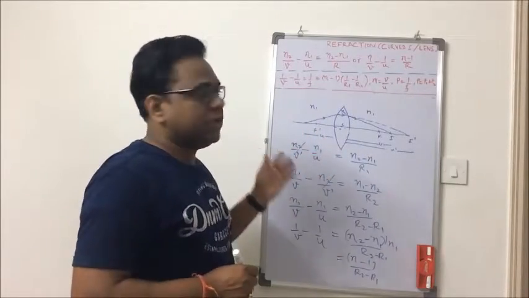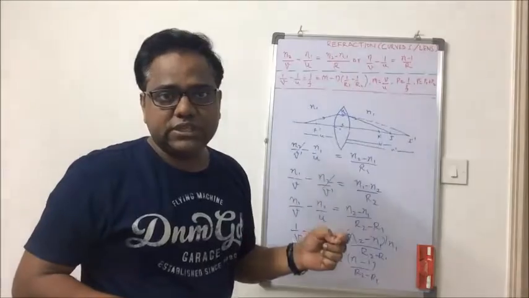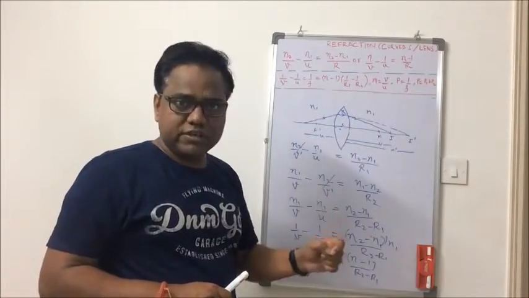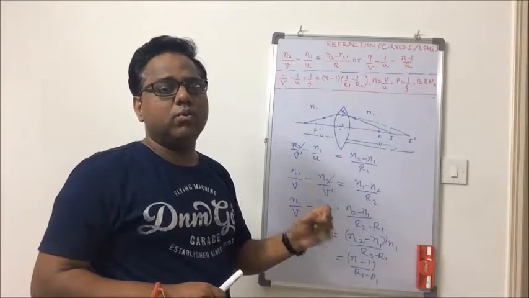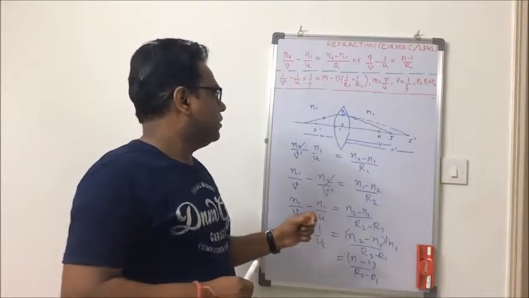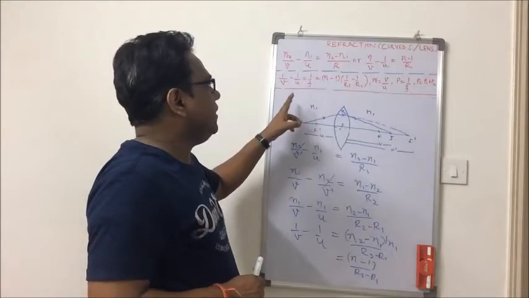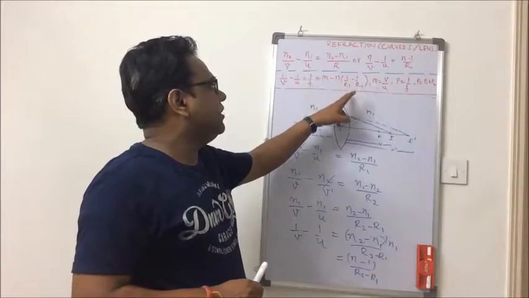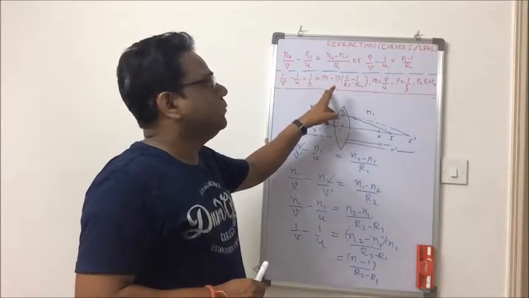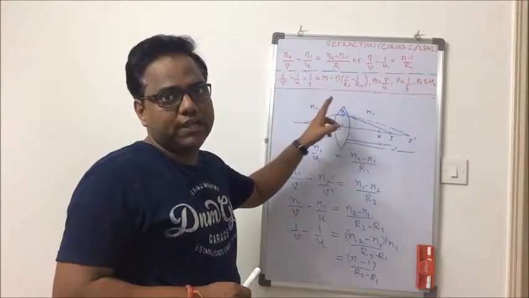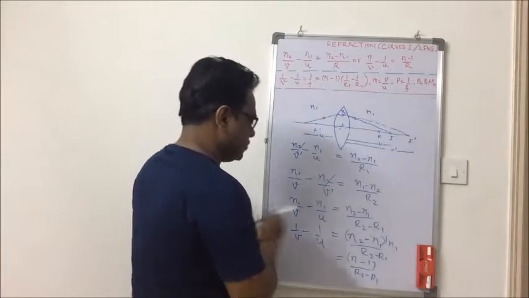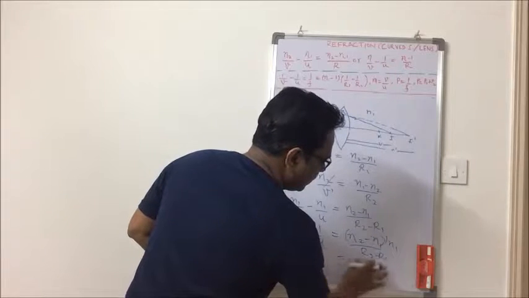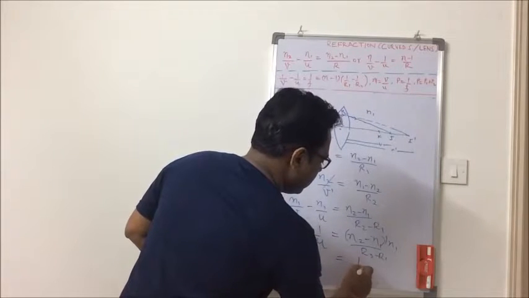So that is why we say that whenever the object is at infinity, the image position would be fixed, and that is called the focal point of the convex lens. Alright, so we can say that this portion, N minus 1 times 1 by R1 minus 1 by R2, can be termed as 1 by F, which is the focal length, and then our formula becomes, whatever we have derived, equal to 1 by F.